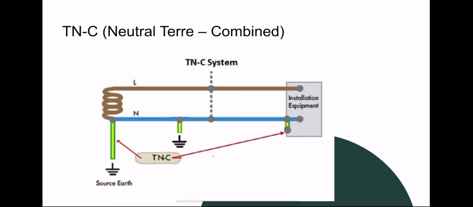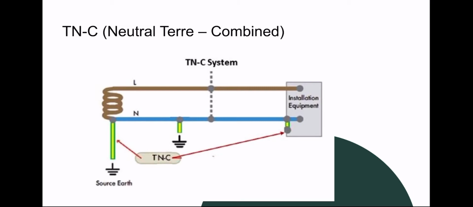Next one is TN-C. In the TN-C system, the neutral channel of the main distribution equipment is connected directly to the consumer's neutral channel and the frame of the installed equipment.